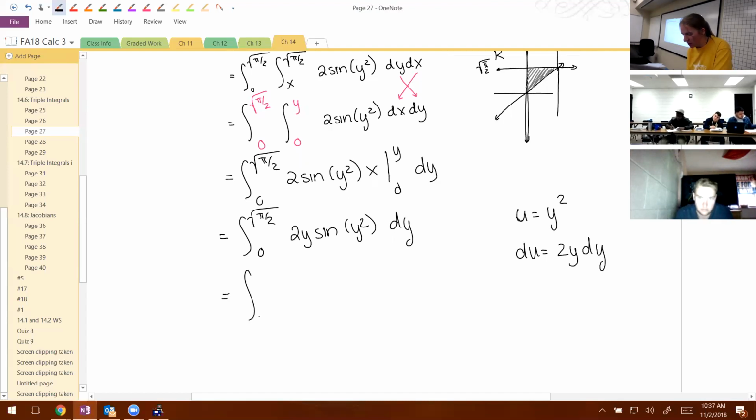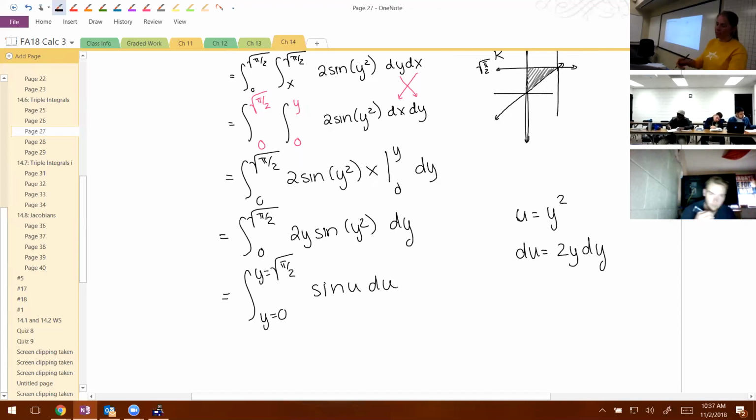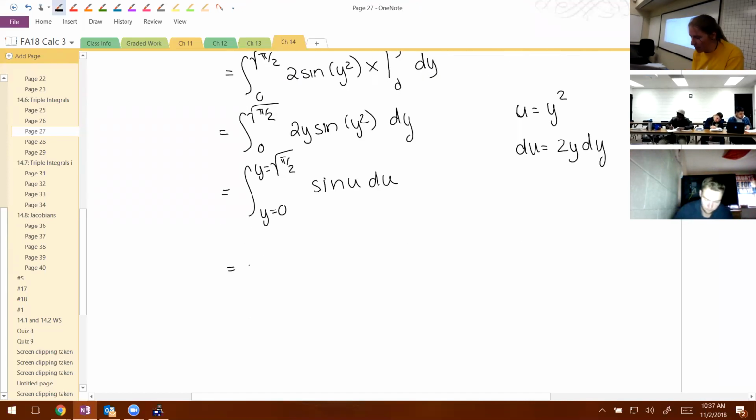So if I write it in terms of u, we still have y equals 0 and y equals square root of pi over 2. Now this whole integral is just going to be sine of u, which is easy. The antiderivative of sine is negative cosine. We're going to back substitute, so instead of u, we have y squared, and then evaluate that from our limit to our limit.